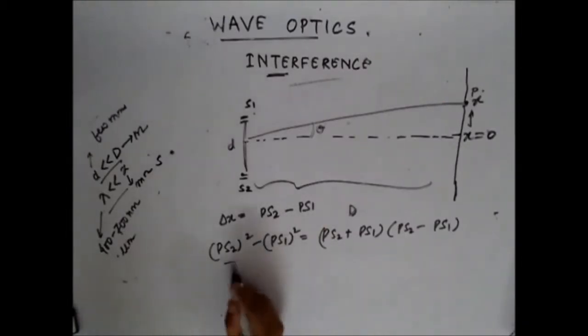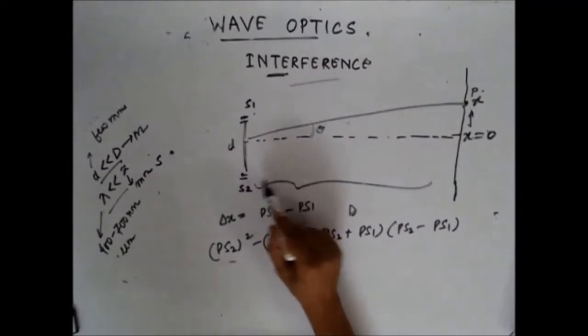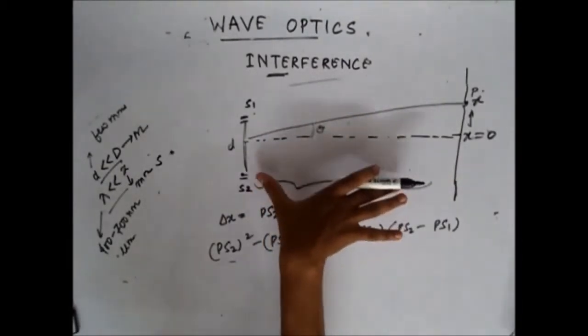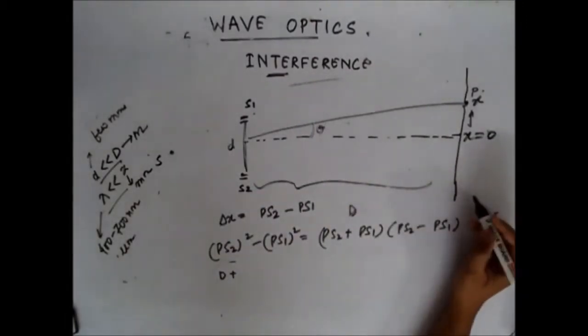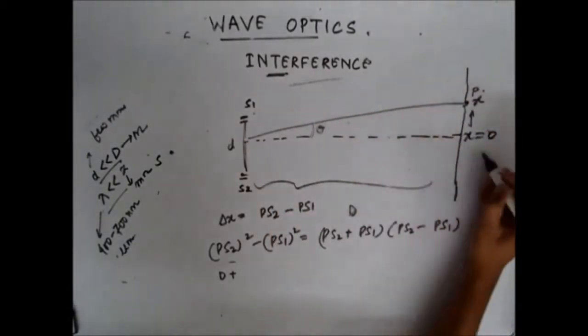PS2 squared, if you take this triangle, is capital D squared plus x plus d by 2 whole square, where this distance is capital D, this distance is x, and from here to here it's d by 2.